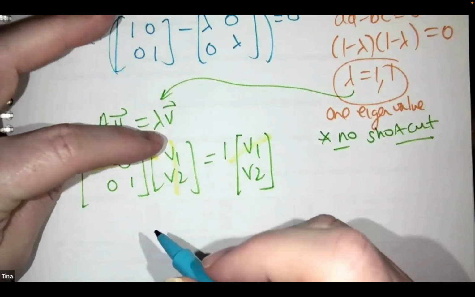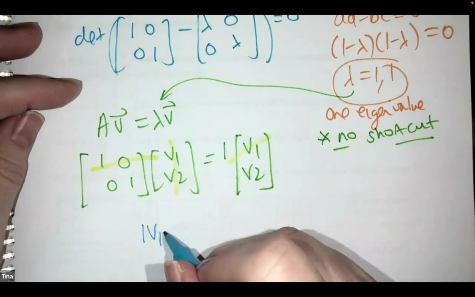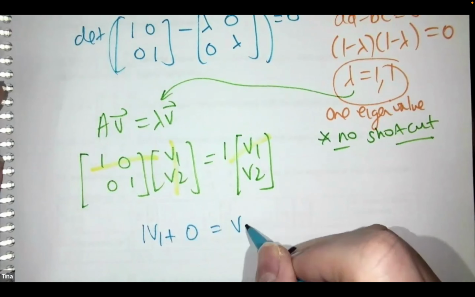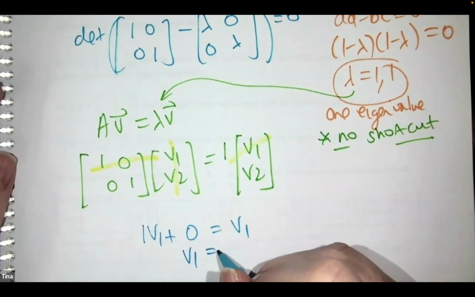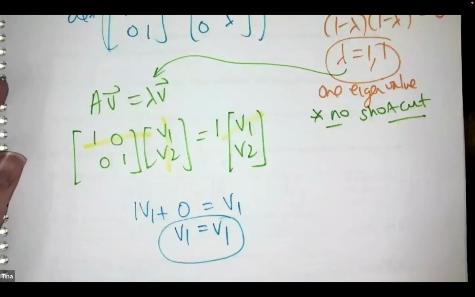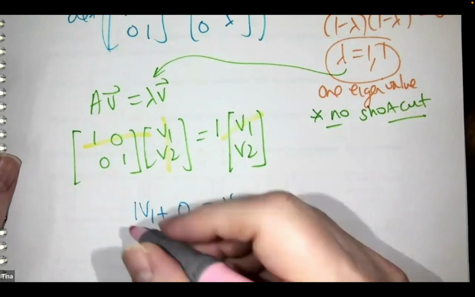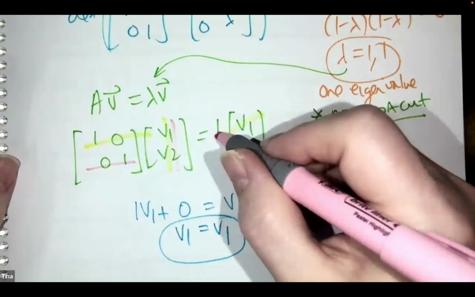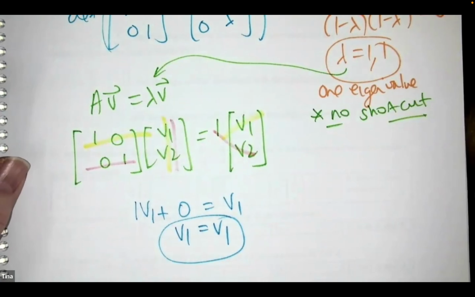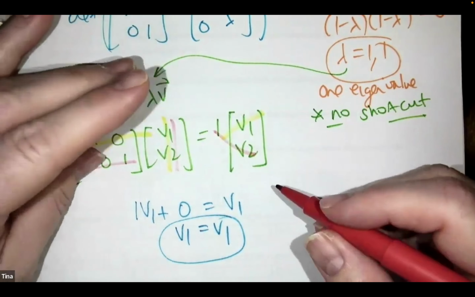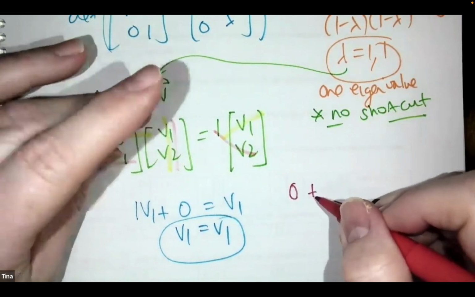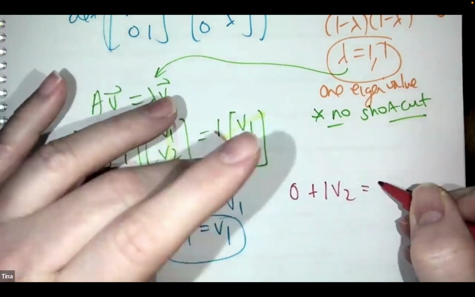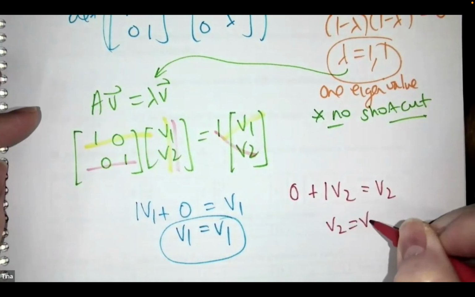So we get 1 V1 plus 0 equals V1. So V1 equals V1. Well, that tells us nothing, right? V1 equals itself. Second one, 0 V1 plus 1 V2 equals V2.